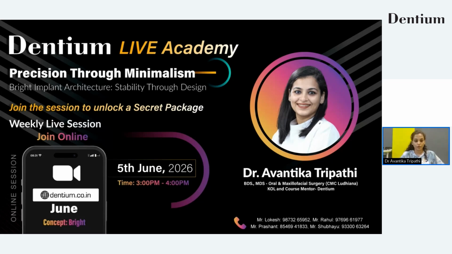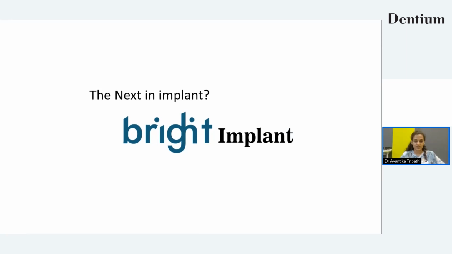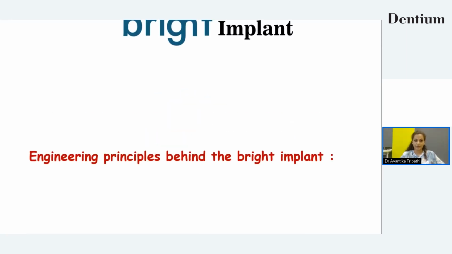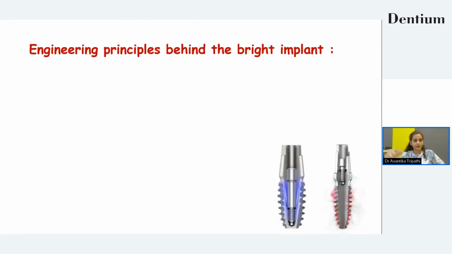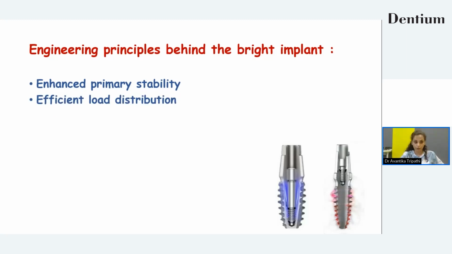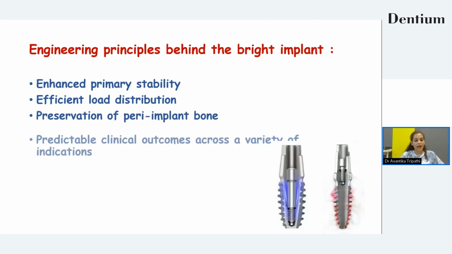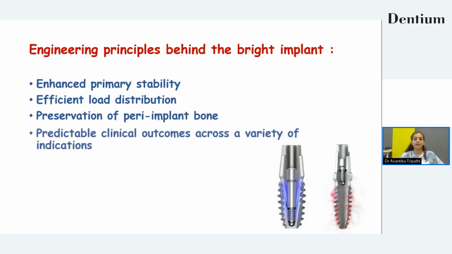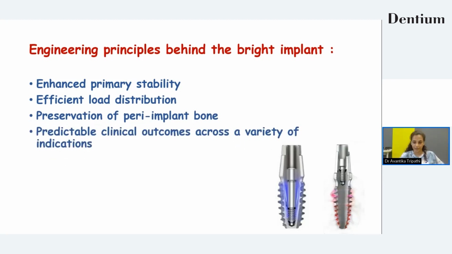So today we are going to discuss the Bright implant and its key features, and we will explore how the engineered principles behind the Bright implant contribute to enhancing primary stability, efficiently distributing the load, preserving the peri-implant bone, and predicting the clinical outcome across a variety of indications.